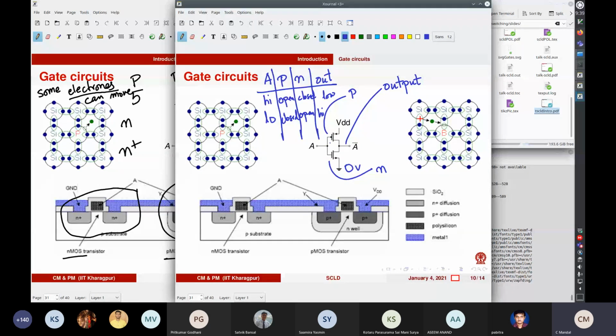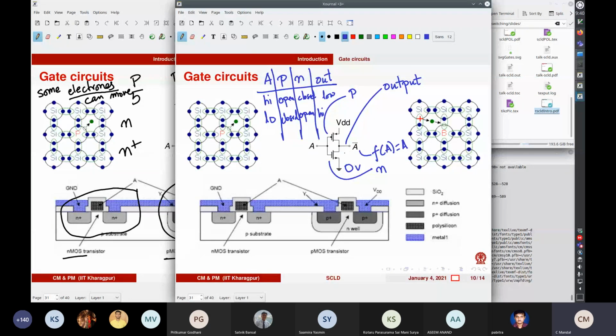You can also think of this as a function. This is f of A equal to A. You can think of this as a function f of A equal to A. So it is just a complement of that function.